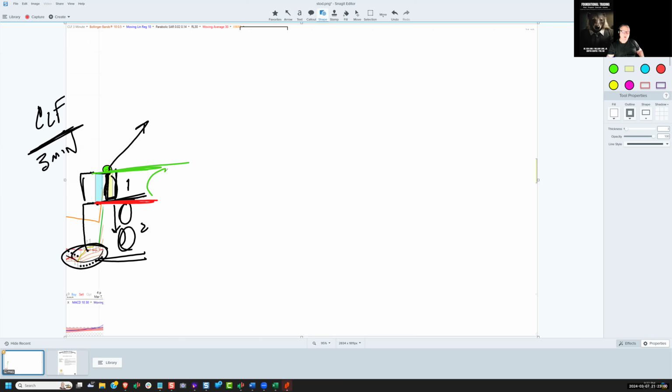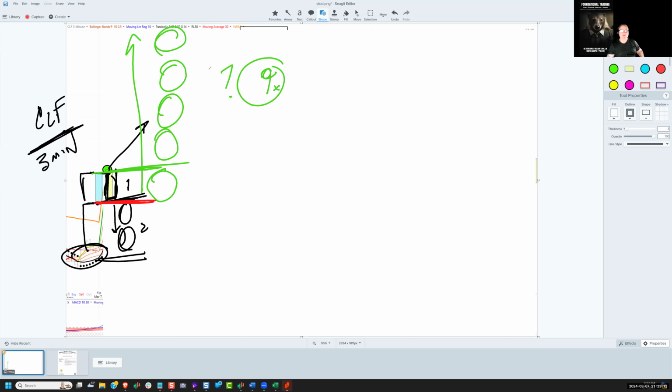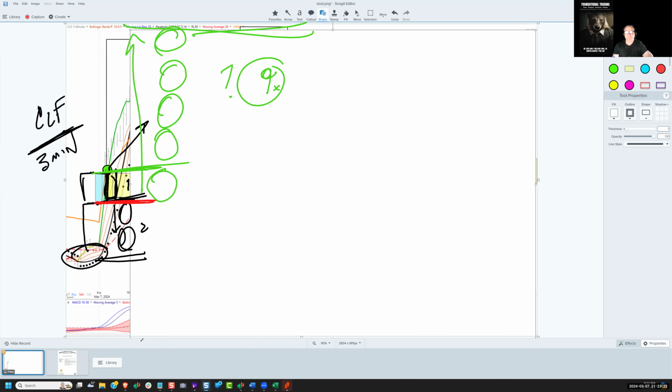And if this is 1 unit of reward, how many more circles to the upside could there be? 9. So that would be half a range stat to here. That's not an abnormal move. Exit in the usual space, preserving about 1.5 R, 2 R.